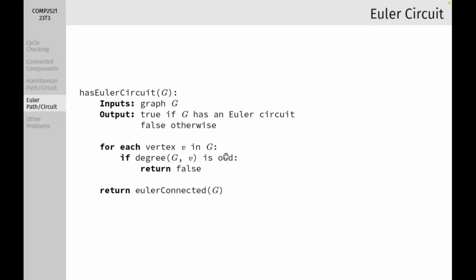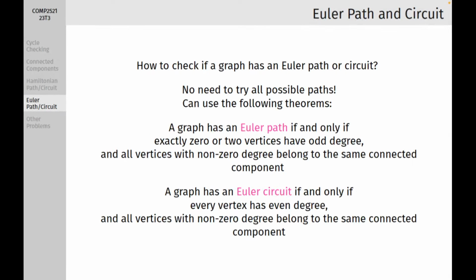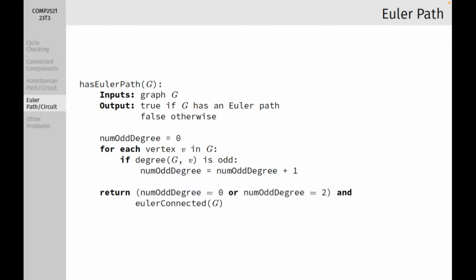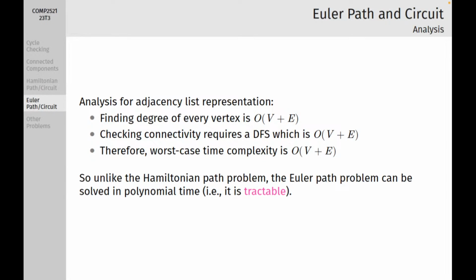Otherwise, if you've gone through all the vertices and they all have even degree, then you just check if the graph is Euler connected. That's the way I'm expressing that condition from earlier: all the vertices with non-zero degree belong to the same component. All right, so that is Euler paths and Euler circuits.